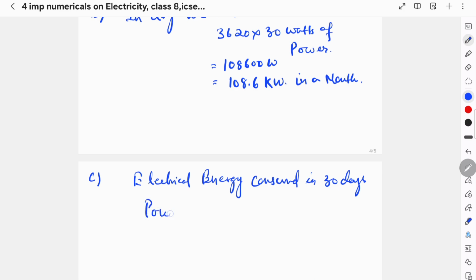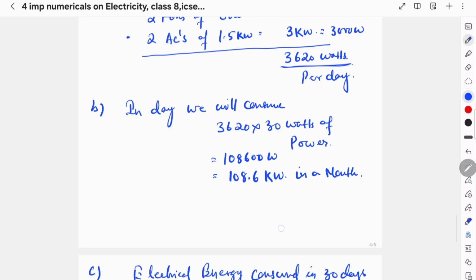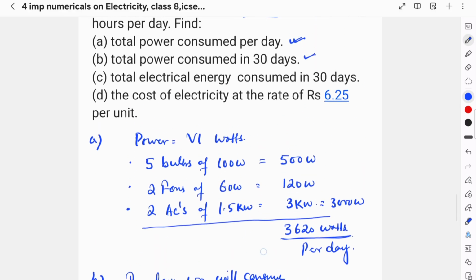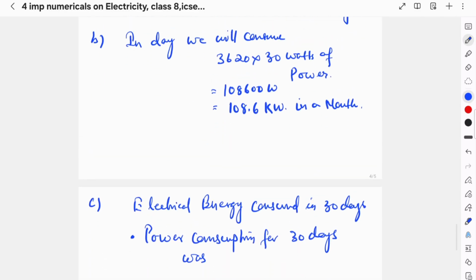So the power consumption for 30 days was how much? Power consumption for 30 days was this much, 108.6 kilowatt in a month.